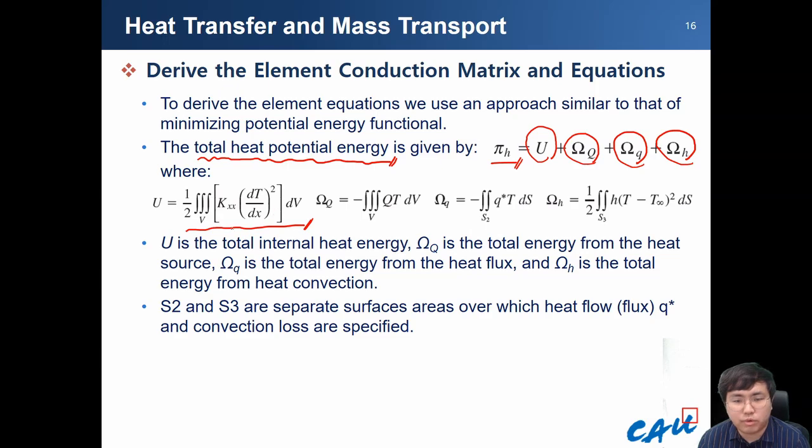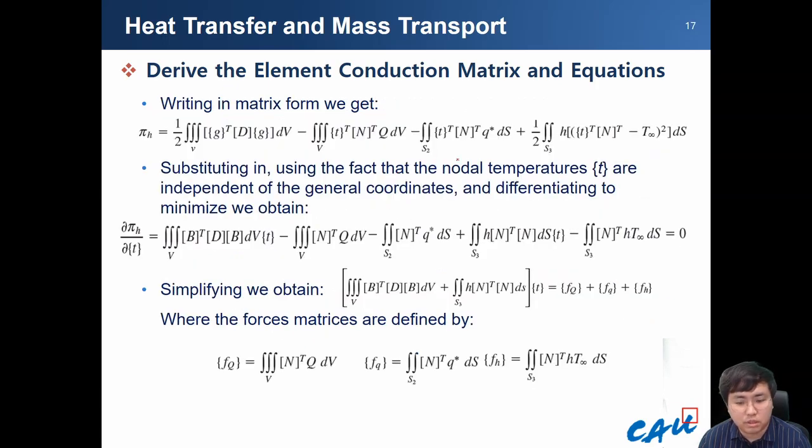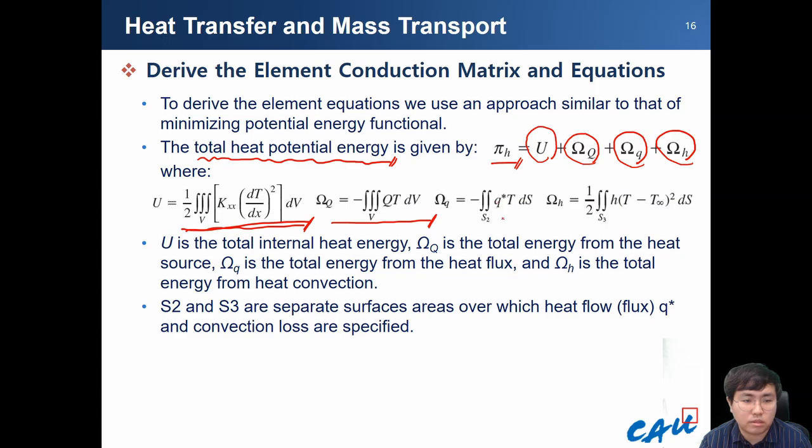In this way we can define the heat energy like this, and this part is the heat energy source, and T is the temperature. When you multiply by the total volume, you can obtain the heat energies. Flux and temperature multiplication can become energy.